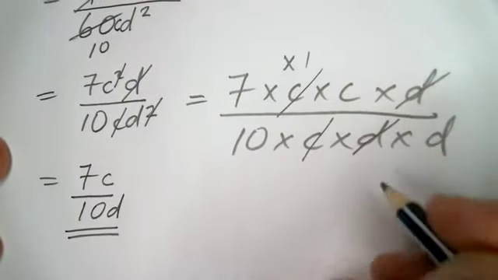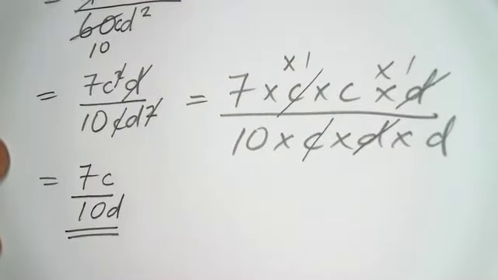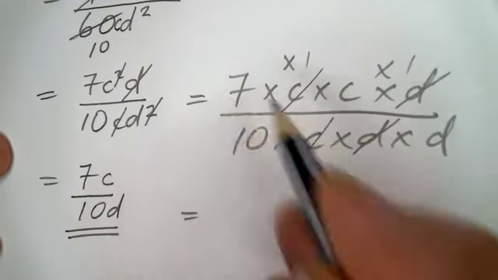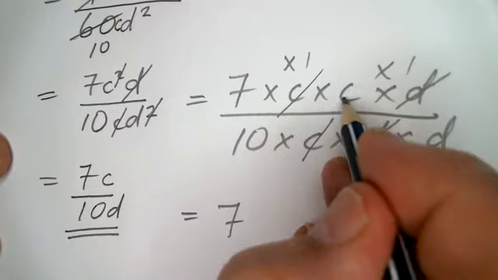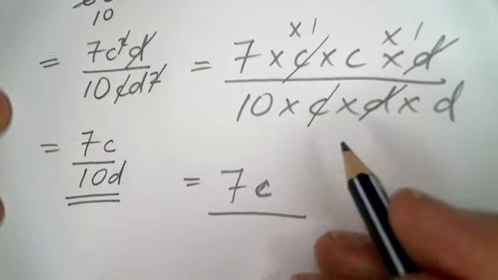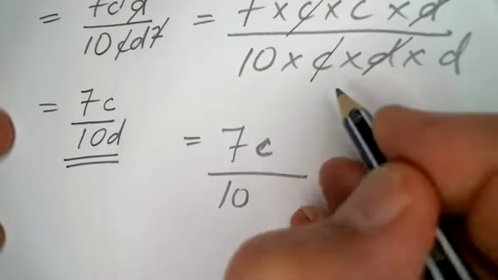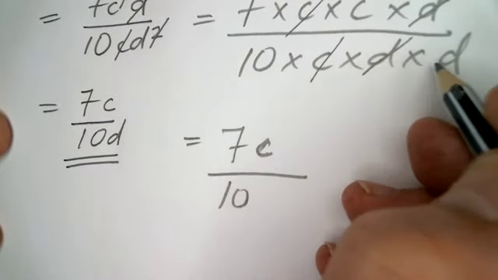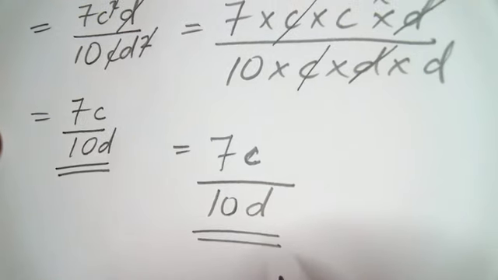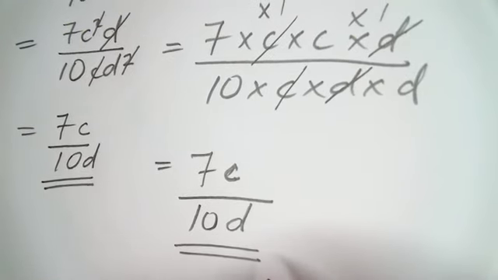D divided by d is 1, so I could put another times 1 here. What am I left with? Well, I'm left with a 7. I've got 1c, and that's all, on the top, that's a c, not an e. And on the bottom, I've got a 10, and I've got times a d. And there's my solution. So that's the way in which we proceed with simplifying and, of course, dividing and multiplying algebraic fractions.